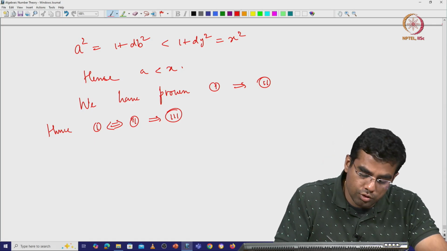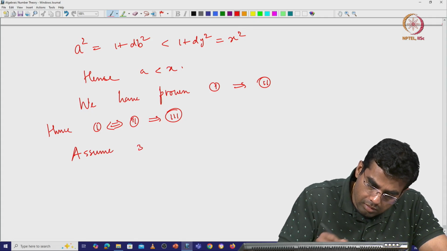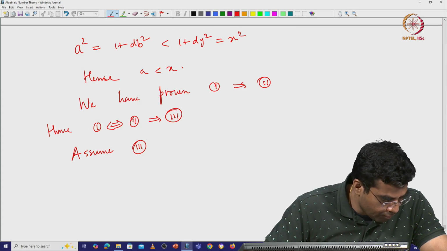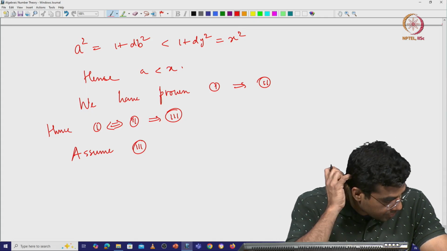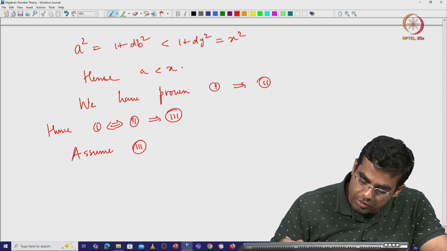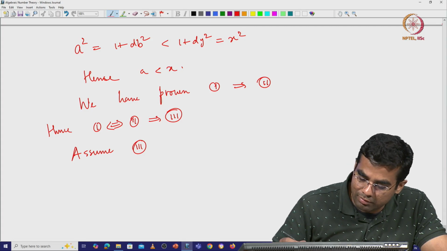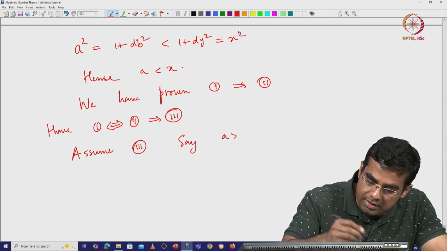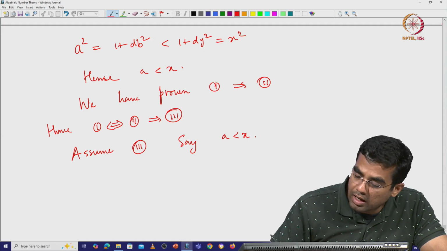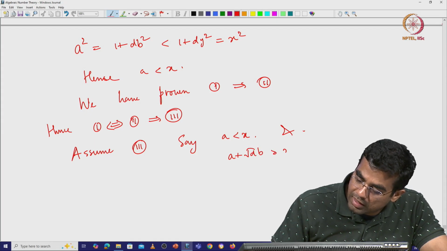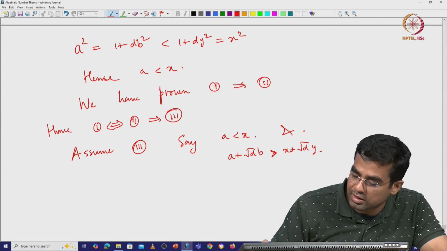Right. So, now let us assume 3. We have already done this, but let me just say, for concreteness, let us say a is less than x, and let us say a plus square root of d b is bigger than x plus square root of d y.